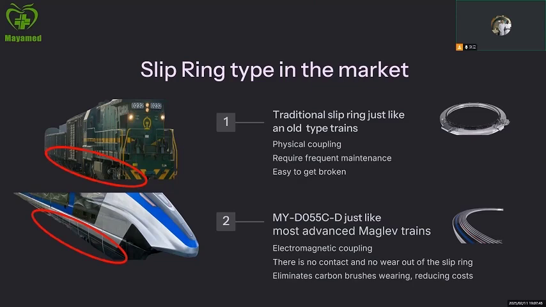The electromagnetic coupling has no contact and no wear of the slip ring, and it eliminates carbon brush wear, totally reducing wear and also reducing the cost for the hospital. So this is one of the most important advantages of our CT scanner.